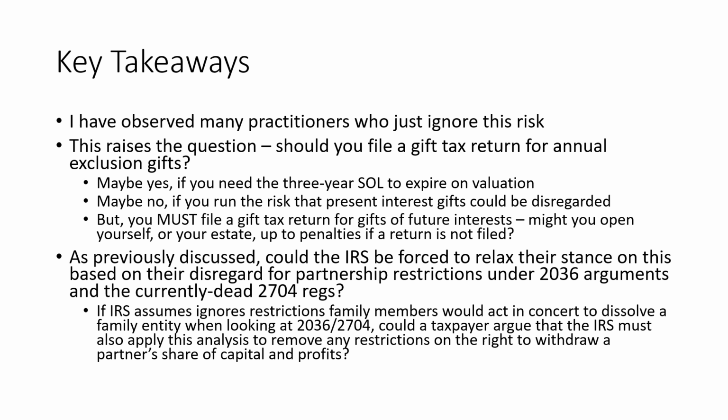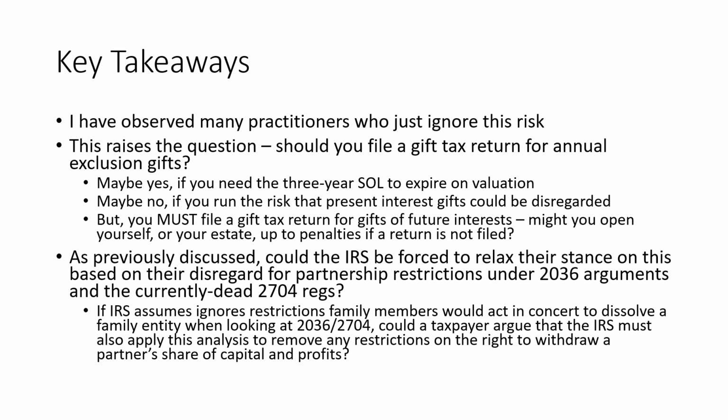But if the IRS is carrying out this theme of ignoring partnership level restrictions when analyzing gift and estate tax issues, could that argument also go the other way if this present interest argument comes up? Because a core component to that, in ignoring those restrictions, is that the IRS assumes that family members would all act in concert to the greatest extent possible to access partnership property.